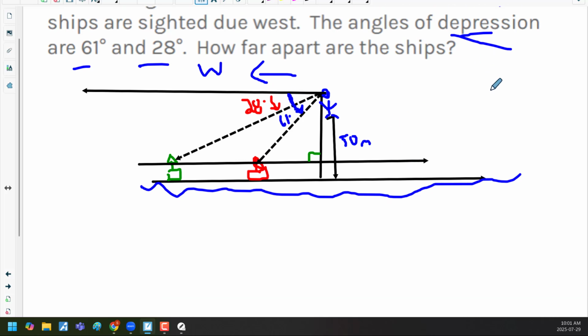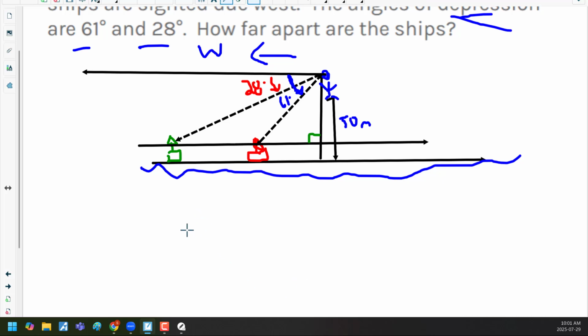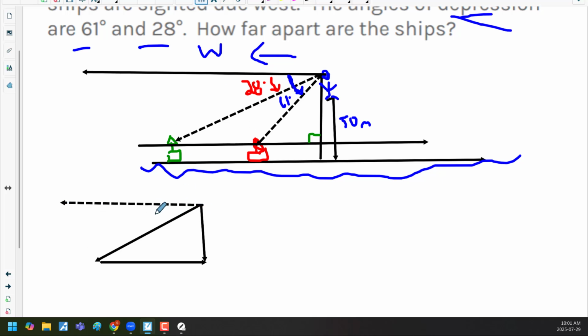So we are quickly going to make our triangles. And the first triangle is 28 degrees. I'll give you a hint. This 28 degrees is also the angle that's here. That's something you should have learned in grade 9. It's called Z pattern.